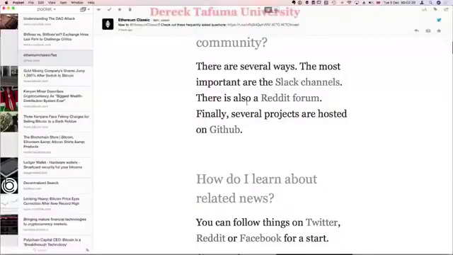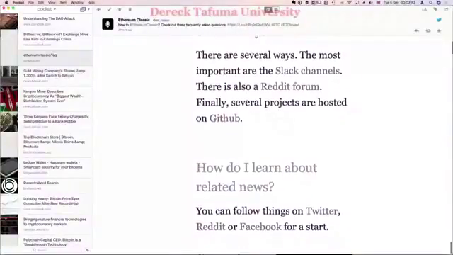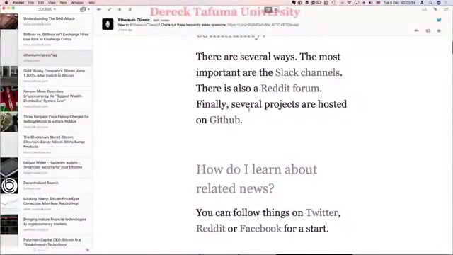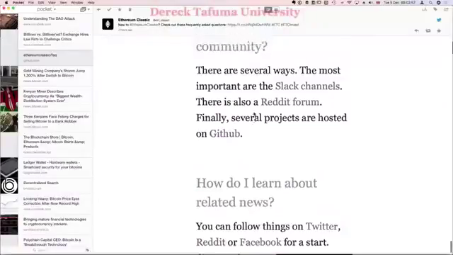On Telegram there are some communities where they are talking about Ethereum Classic, Bitcoin, etc. So you can learn about related news on Twitter, Reddit, or Facebook.